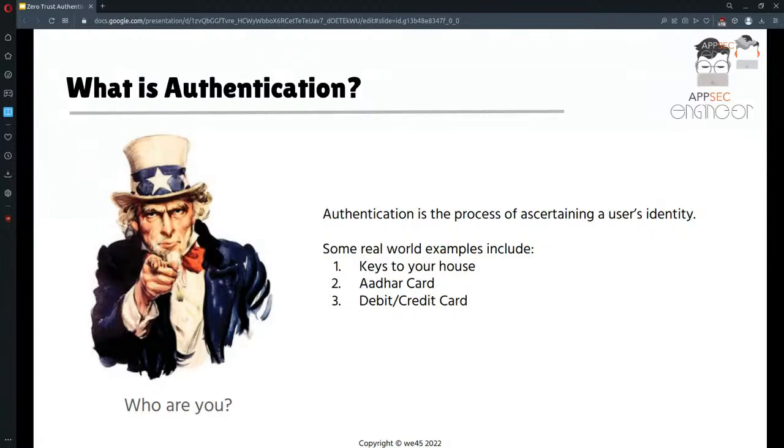And your debit or credit card, even though it contains your name and details, can be used by anyone if they have access to your details, if they know your PIN and card number. But these three usually form the basis of a very strong authentication medium.